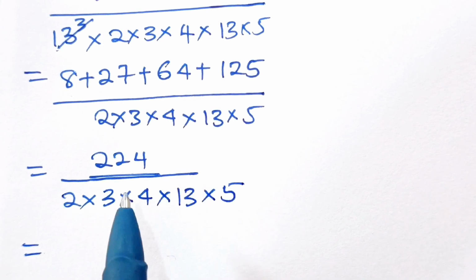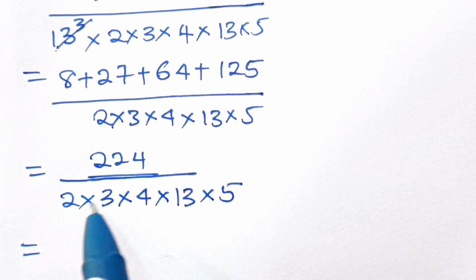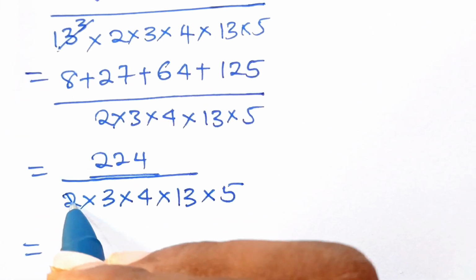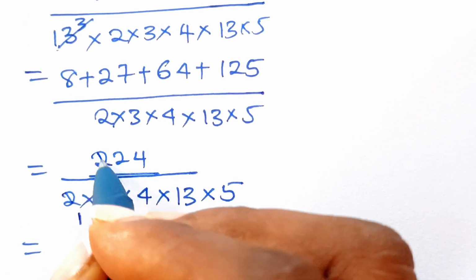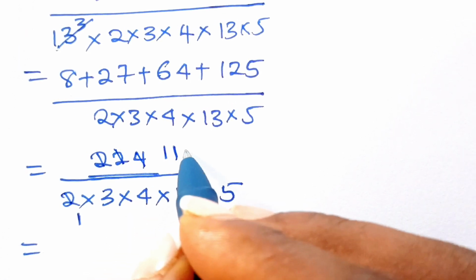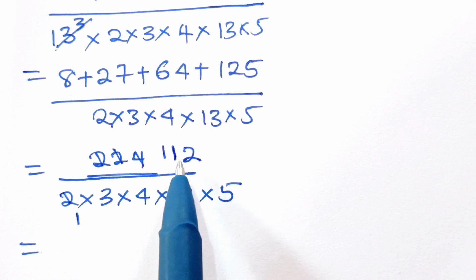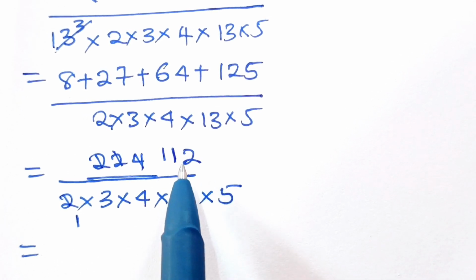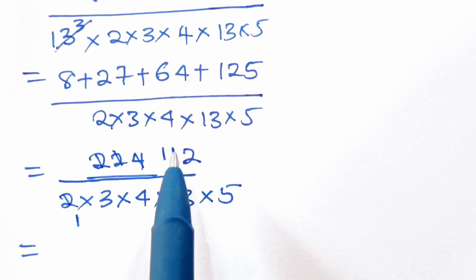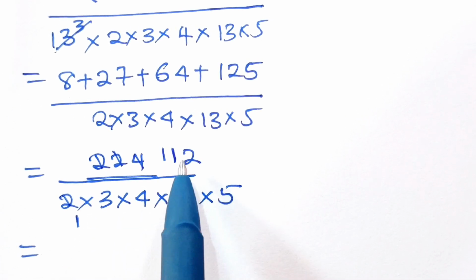Looking at this, 224 is an even number, so 2 can divide it. Let's go ahead and divide by 2 first. When 2 divides itself, we have 1. If you divide this 2, we have 1. Divide this 4, we have 2. Now let's see if 3 can divide this. 1 plus 1 plus 2 will give us 4. Since the sum is not divisible by 3, it is not divisible by 3, so we are going to leave 3.